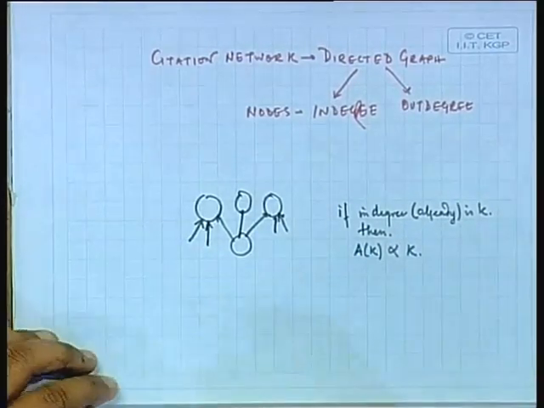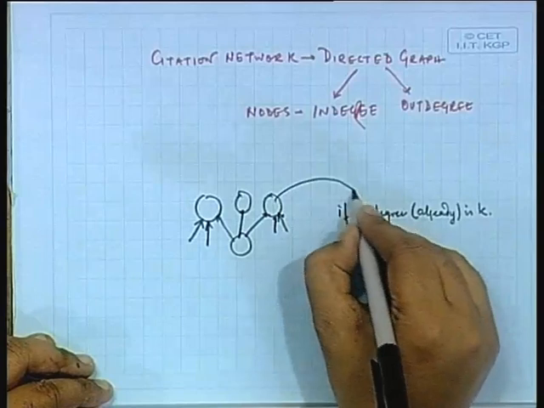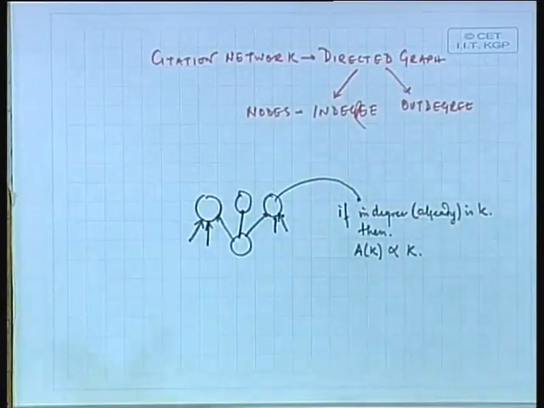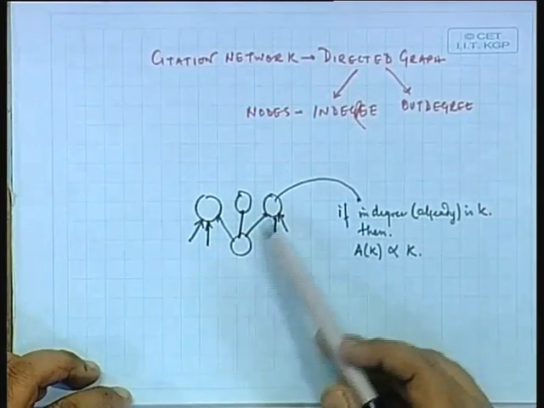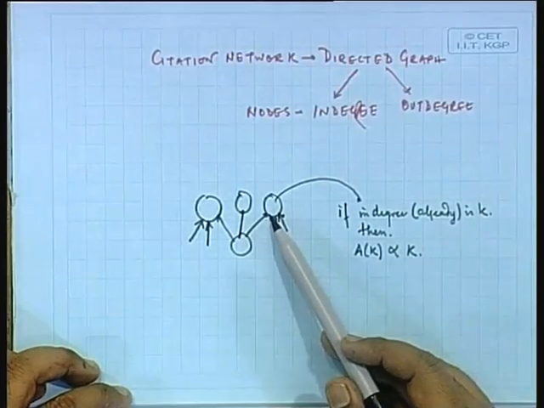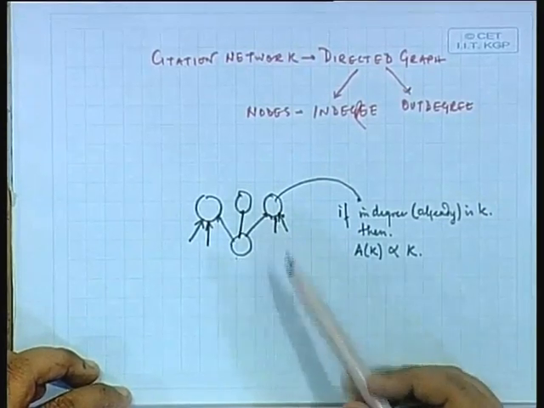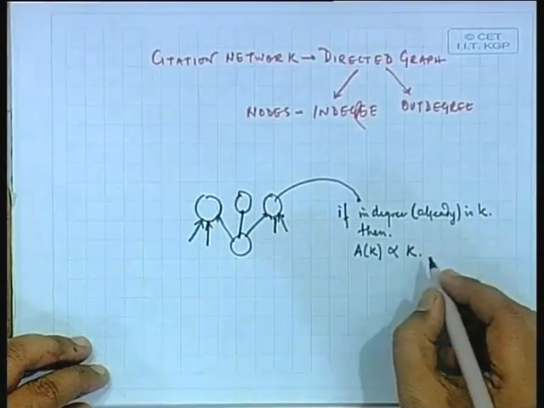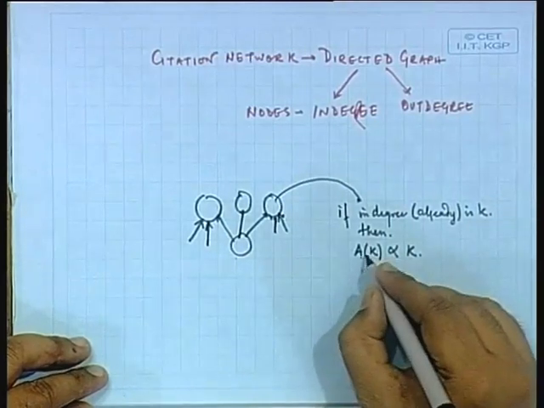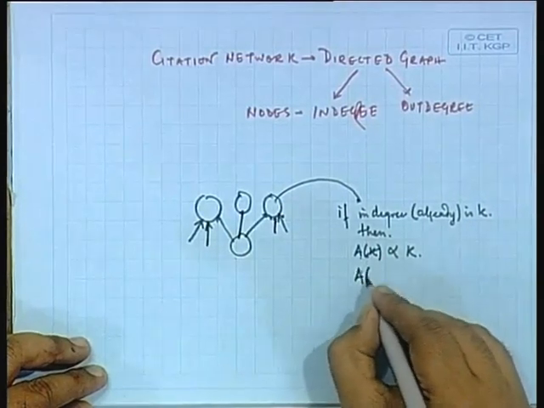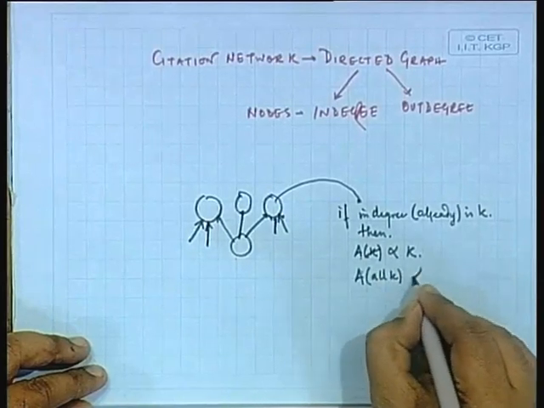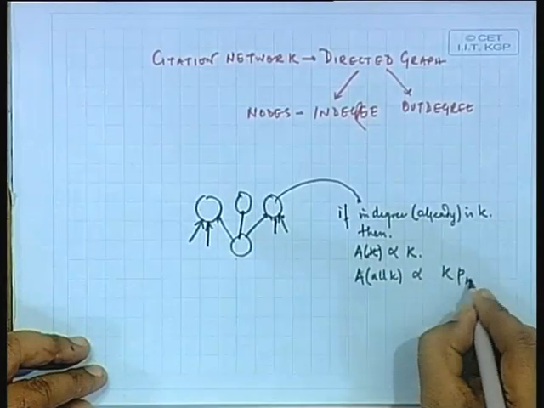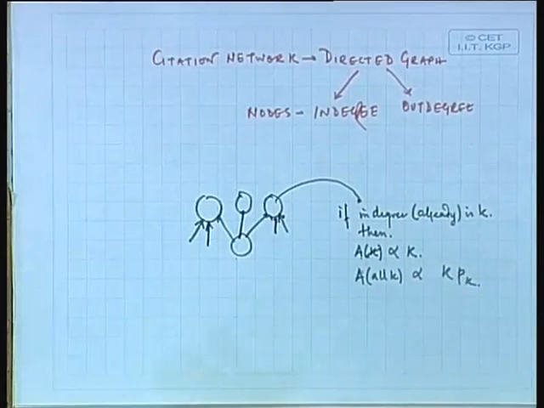I have a node whose in degree is already k, then the probability that you will attach to it is proportional to its degree k. And if I write A_k, that will be proportional to k P_k.